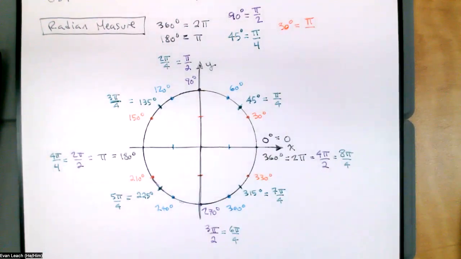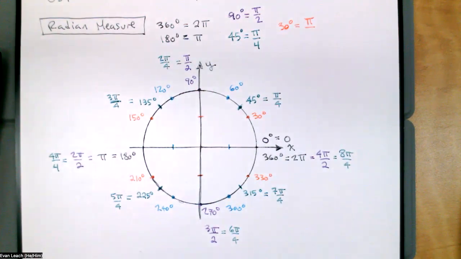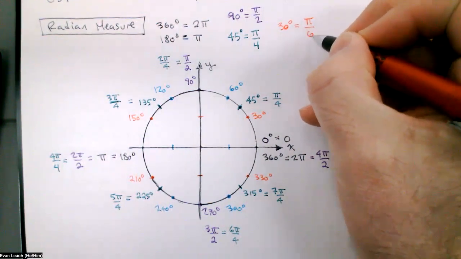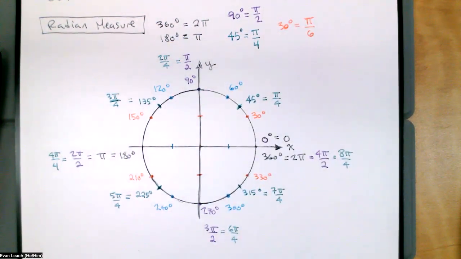There's going to be pi over 6. If I want to divide the fraction by 3, I multiply the denominator by 3. So divide by 3, pi over 6. So now I have my radians for 30 degrees.